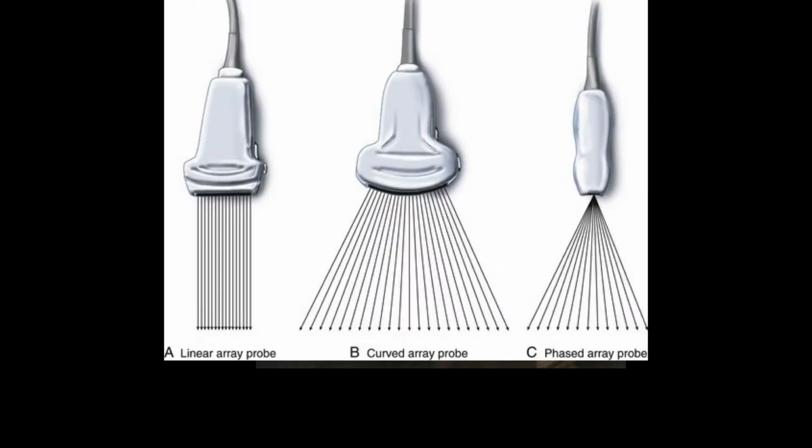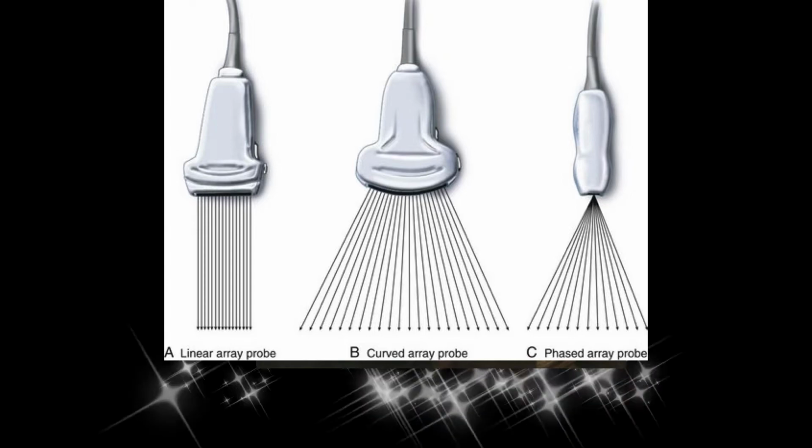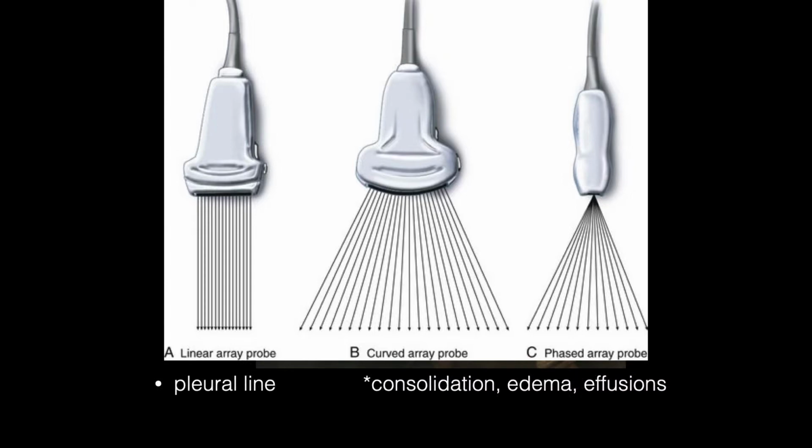So again, here are the 3 probes that we're going to be using. And just to review, when looking at the pleural line, I suggest the linear probe, particularly to look at lung sliding, and the other 2 probes to look for consolidation, edema, or effusions.